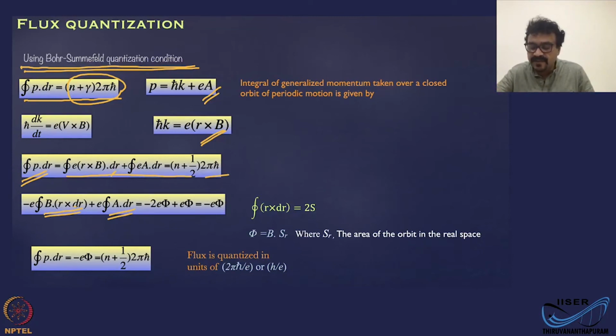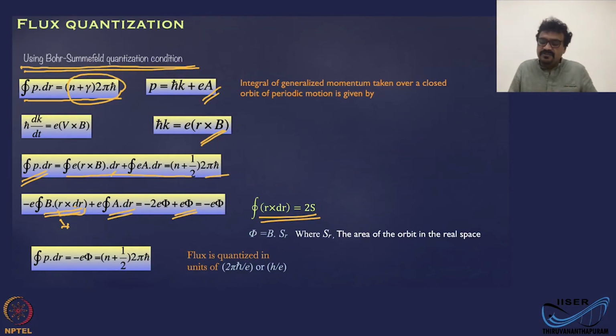Okay, that you can replace by the area integral. That will be the flux enclosed, and this term here is nothing but twice the area of the orbit. R cross dr is 2S. That's simple mathematics which calculates the area of the orbit. Okay.